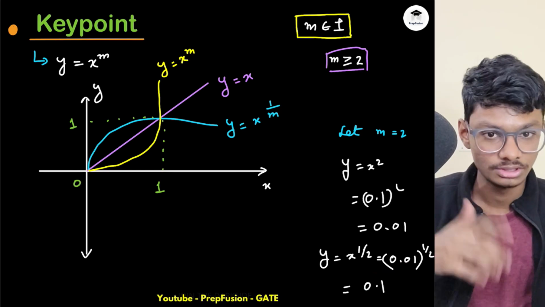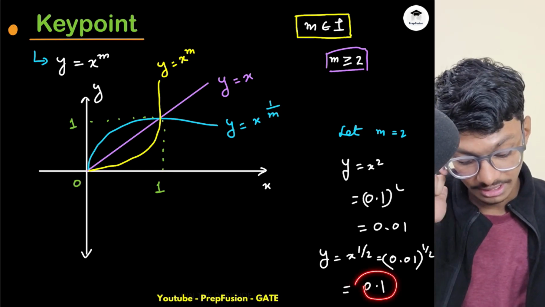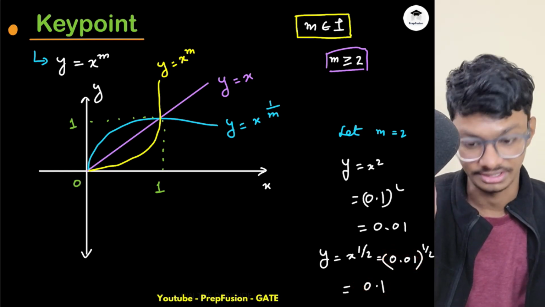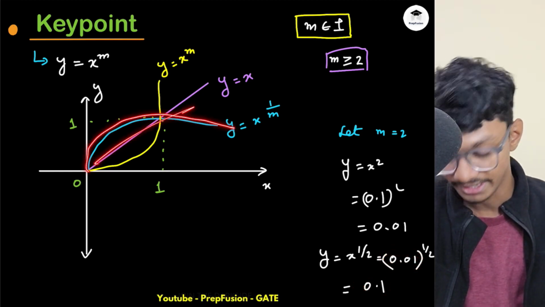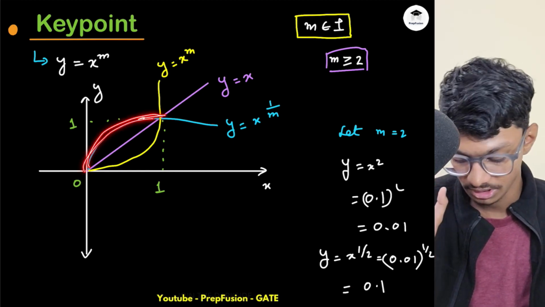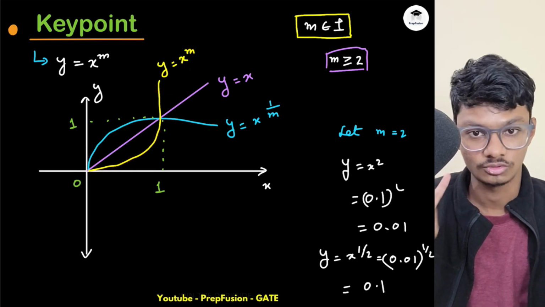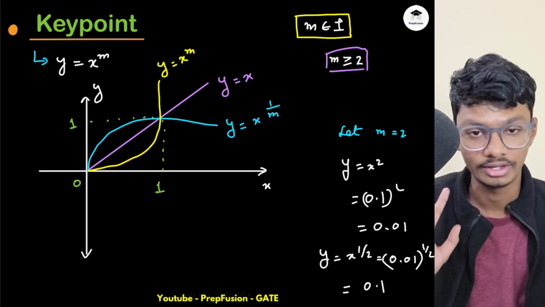If you take the square root of this, you will get 0.1. I hope you got the point. Now I am getting 0.1, which is greater than x, whatever x I have chosen. That's why my square root function will always be over the y equals x line, and the square function will always be lower than the y equals x line.